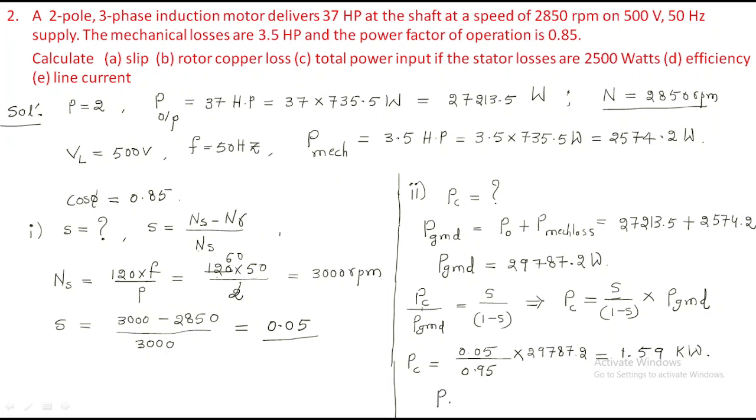The copper loss of the rotor is 1.59 kilowatts. The first part is completed. The slip value is 0.05, and by using the gross mechanical power developed we get the copper loss as 1.59 kilowatts.